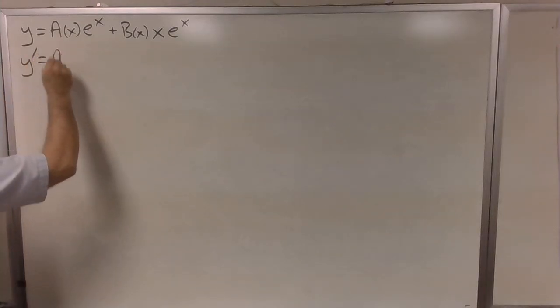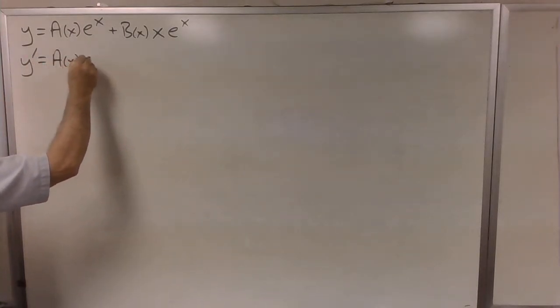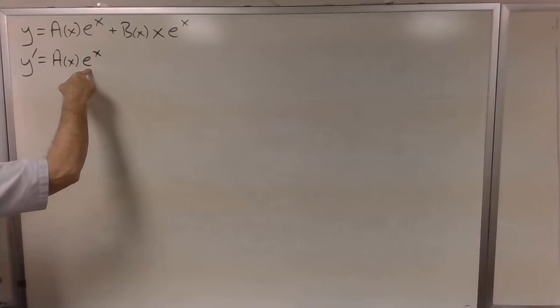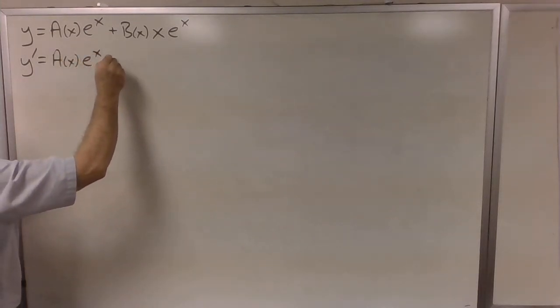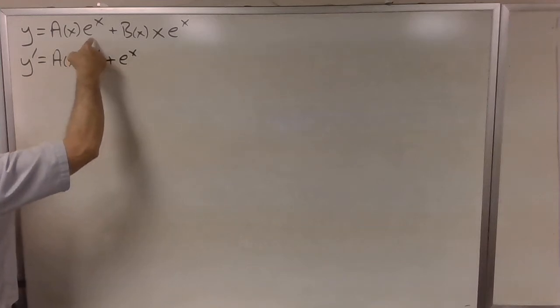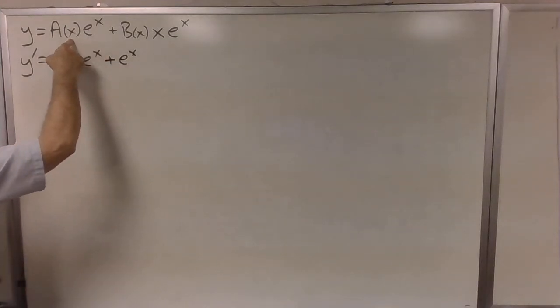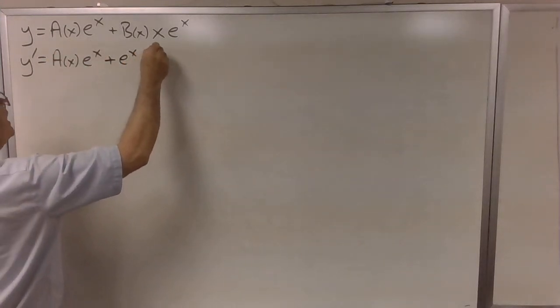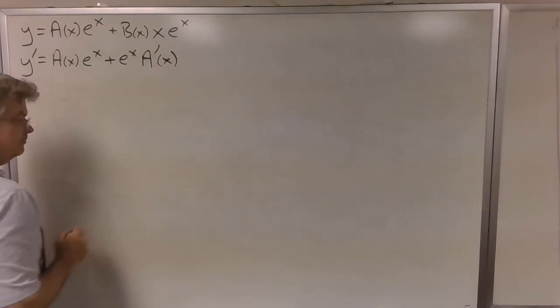I have first times the derivative of the second, and the derivative of e to the x is just e to the x, plus the second, e to the x, times the derivative of the first, a prime of x.